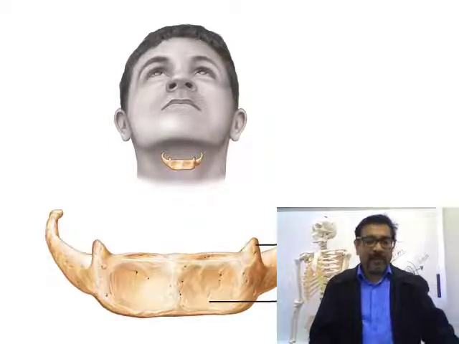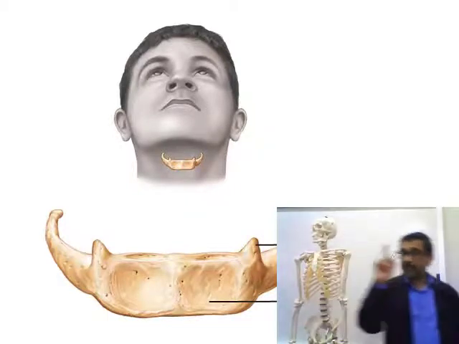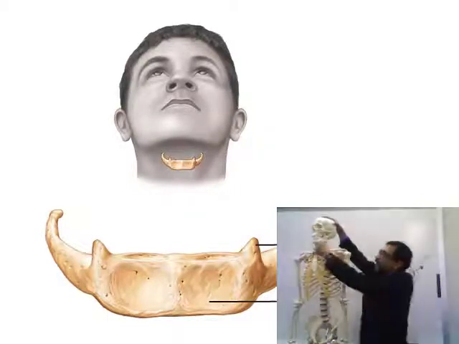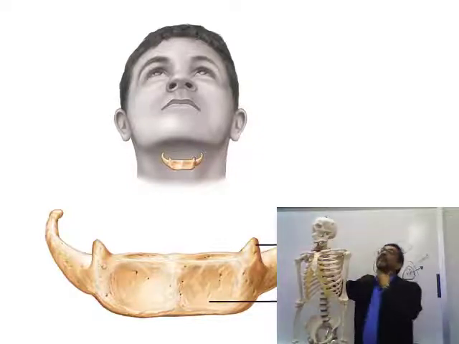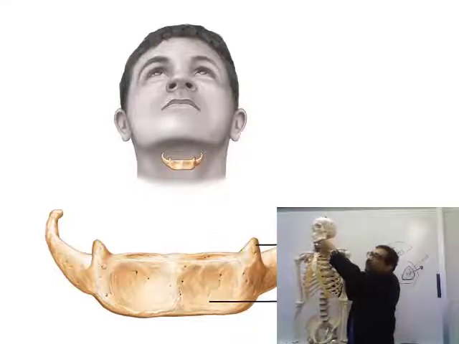Now, why is this bone important? You see, this bone is very important. Why? Because in the front of the neck, you have a number of muscles here. These muscles get support by this bone because this is the only bone here. There is no other bone.